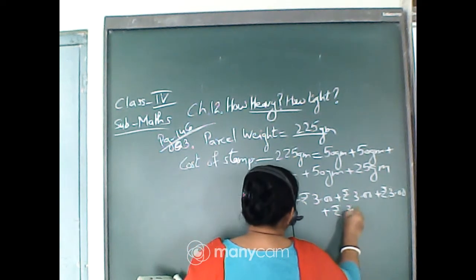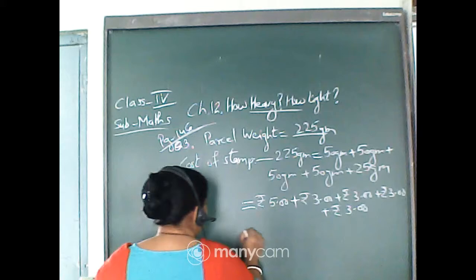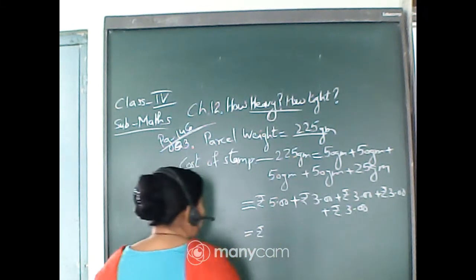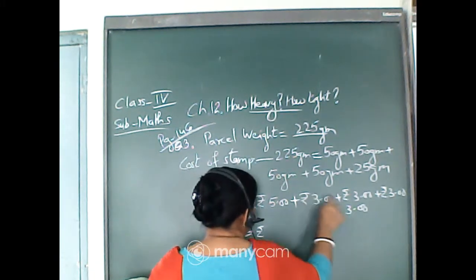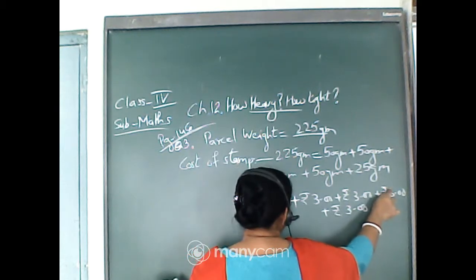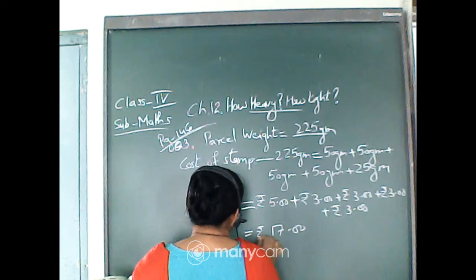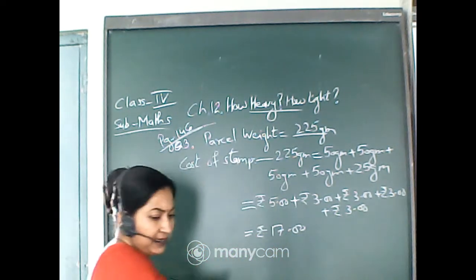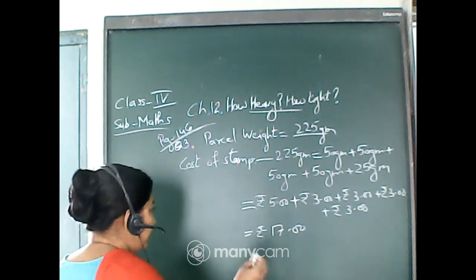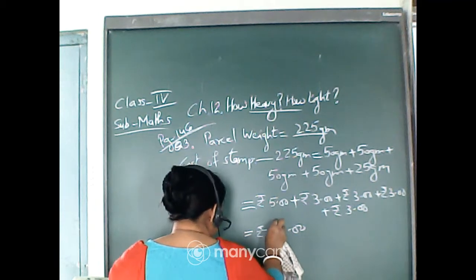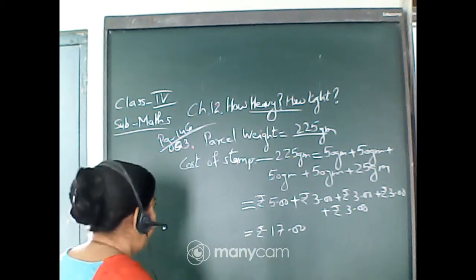4 times rupees 3. So when you are adding, you are getting 5, 6, 7, 8, 9, 10, 11, 12, 13, 14, 15, 16 and 17. Rupees 17 we are getting as answer. So write it down.